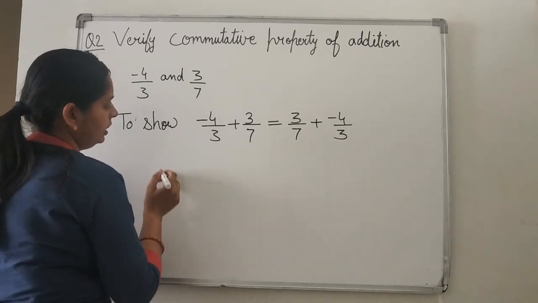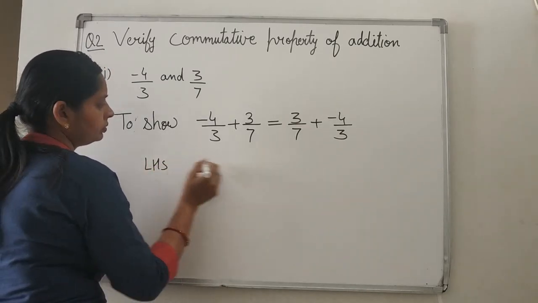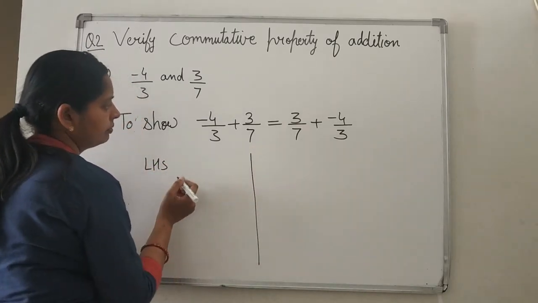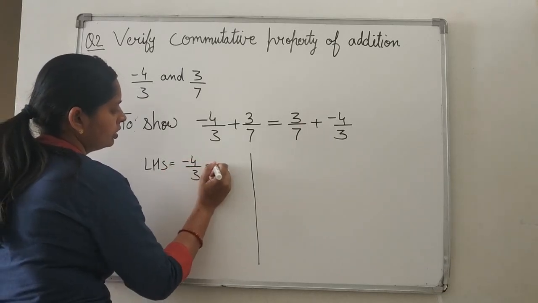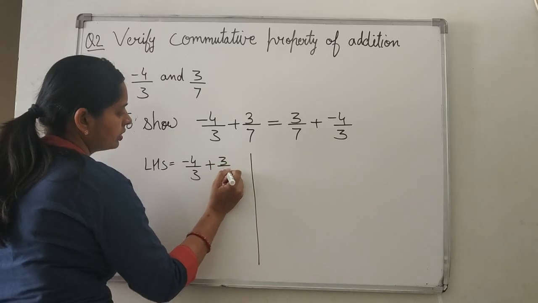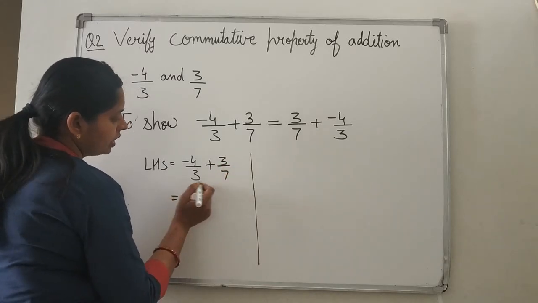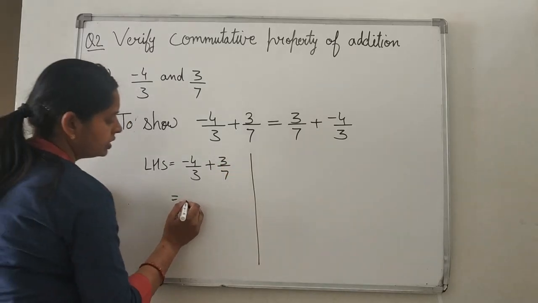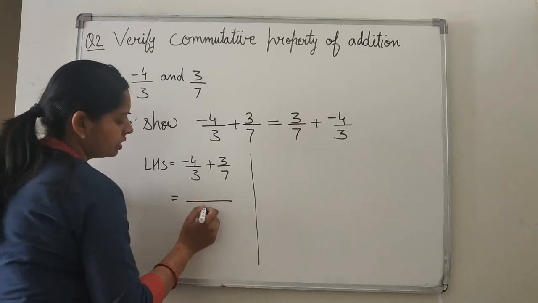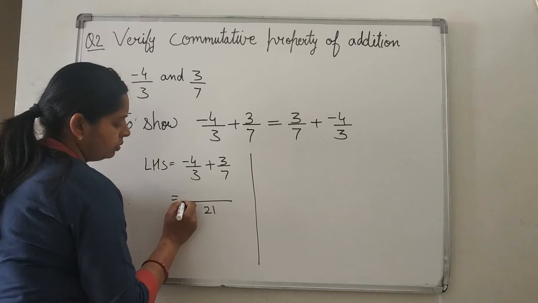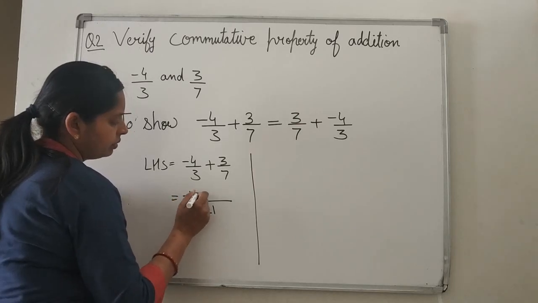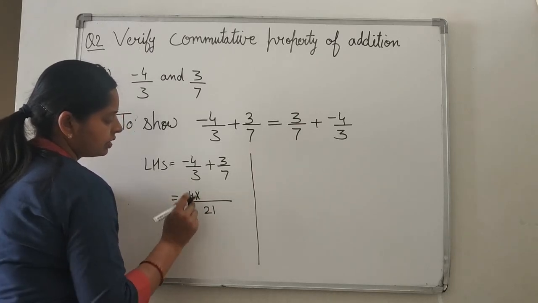See the left hand side. Make a line on both the sides. What is LHS? We are having minus 4 by 3 plus 3 by 7. Right? So we can see the denominators are different. So LCM will go for 7 and 3. 7 3s is 21 is the LCM. So what we need to do in the numerator, minus 4 multiplied by what? 3 7s is 21.